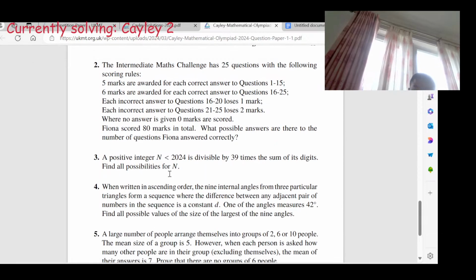It is divisible by 39 times the sum of its digits.